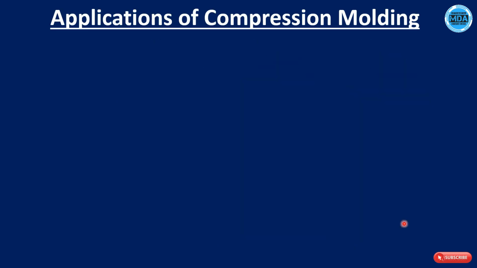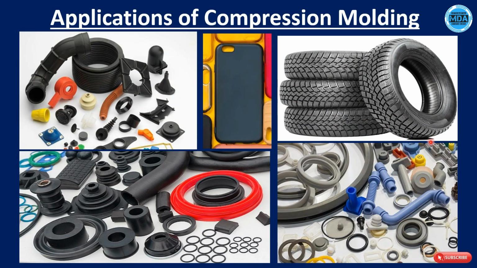And you can see here the different applications of compression molding: rubber tires, rubber seals, rubber gaskets, plastic manifolds, some covers, some hoses. These are different compression molding applications you can see in the automobile and other industries.